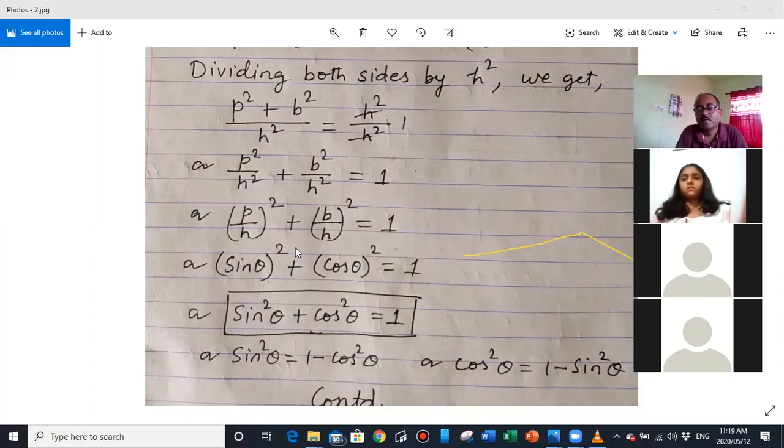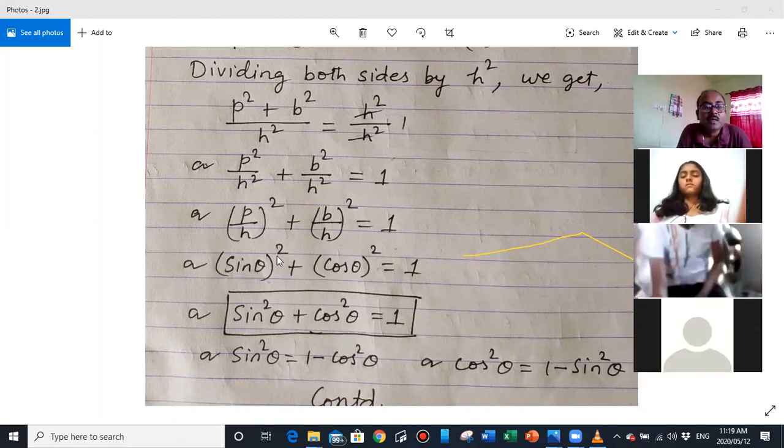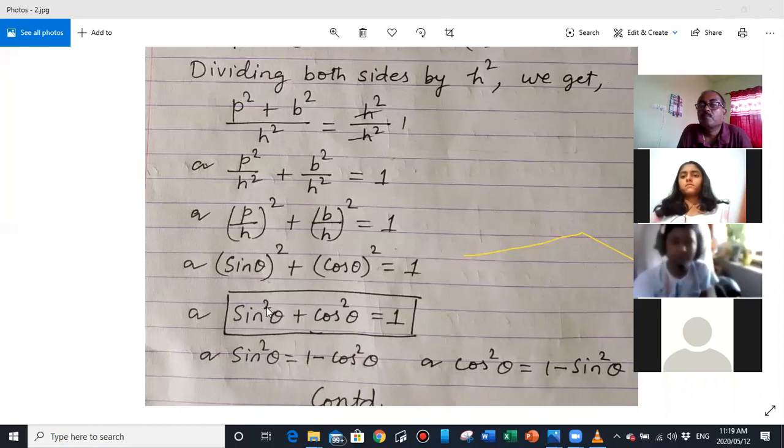If you put x in a bracket, then you put the square outside the bracket. But in trigonometry, with these trigonometric ratios, there is one system: if you don't want to write the bracket, then this square should not be kept at the end. It should be kept before the angle.